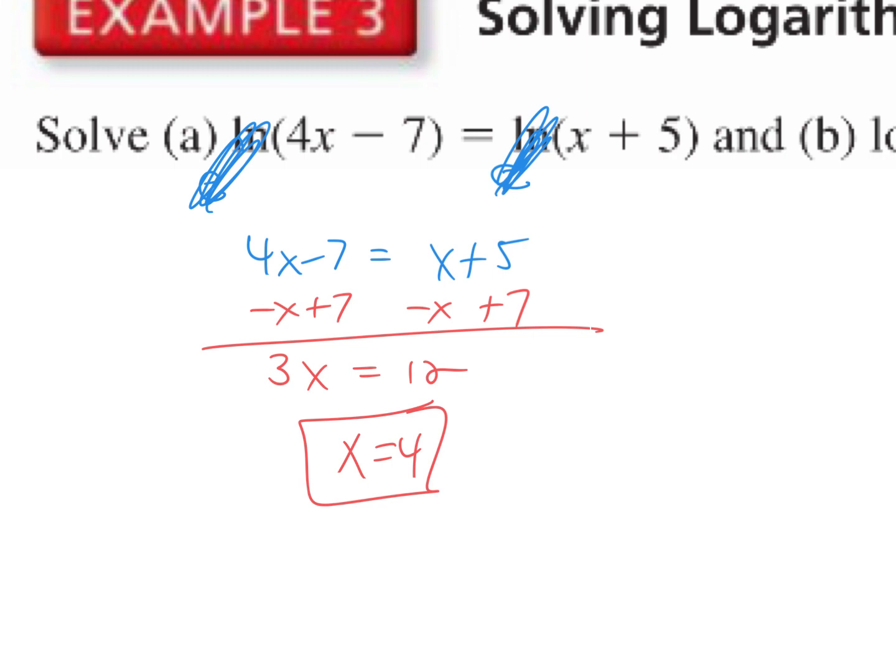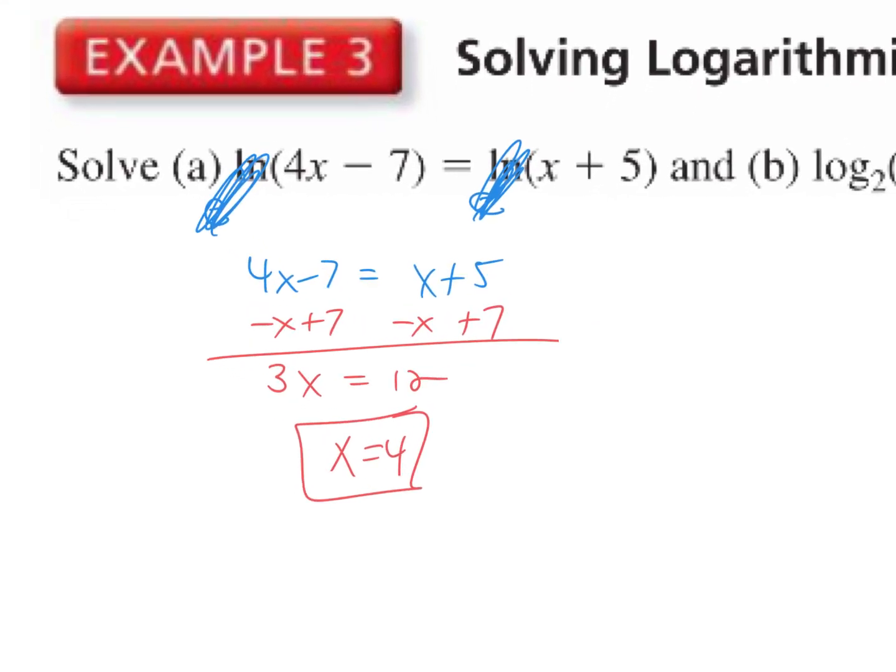Now, a lot of these logarithmic equations are going to say solve, check for extraneous solutions. We've talked about extraneous solutions before. What does that mean? Solutions that don't what? They don't work. Now, I don't need you guys to do the full thing in your calculator.